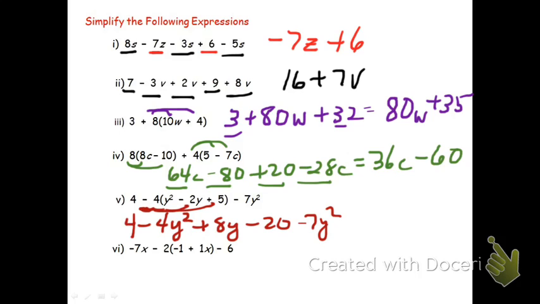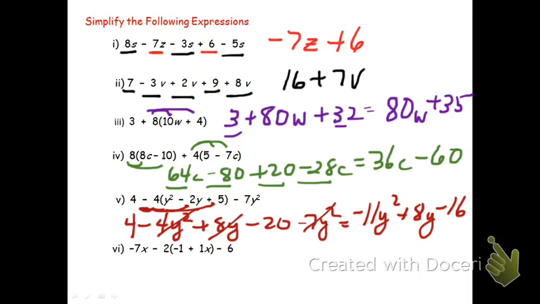So combining my like terms, let's start off with y squared. A negative 4y squared and negative 7y squared. So that's going to leave me with a negative 11y squared. So I've used those two. I can't combine the 8y with anything, so we'll put that next. So we have plus 8y. And then positive 4 and negative 20 is a negative 16.